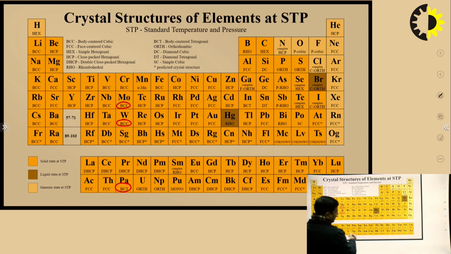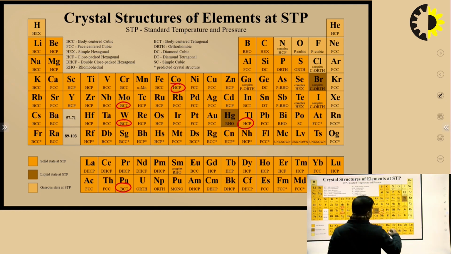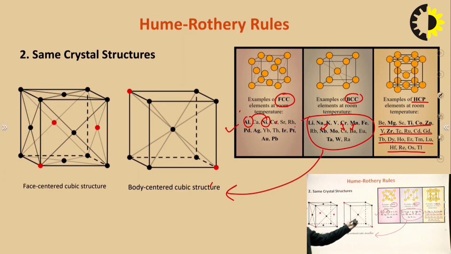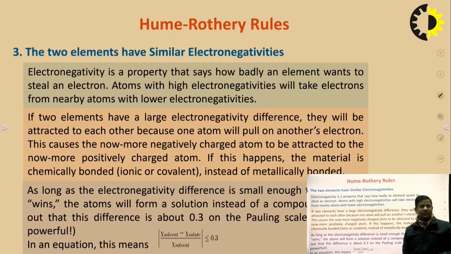HCP can be easily mixed with this, like that. There are so many options we have. The same thing we discussed in the previous table. Here you can easily select any two elements and start mixing, but before that you also check whether their radii are within the limit or not.